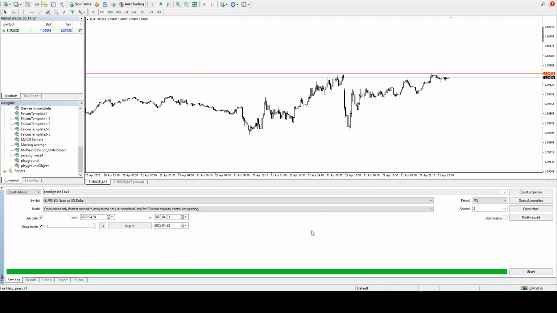Let's start from November. I only have data from November up to the current price action. They only provided 6 months of data basically. So what I'm going to do is first run the EA on each month.